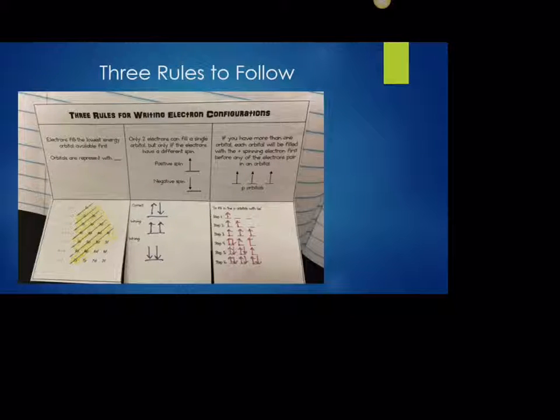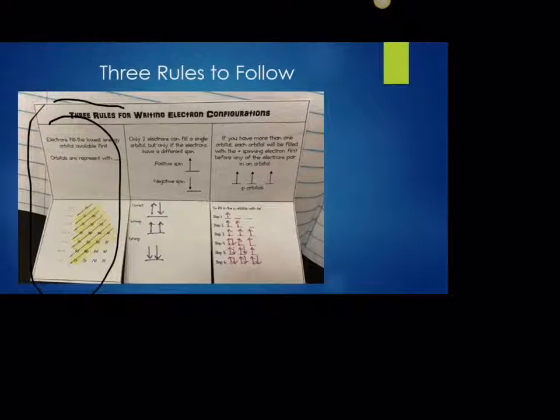The first one's called Aufbau's principle, and that states that electrons fill in the orbitals with the least amount of energy first. This is a low energy state of electrons and is referred to as the ground state. So that is this rule right here.